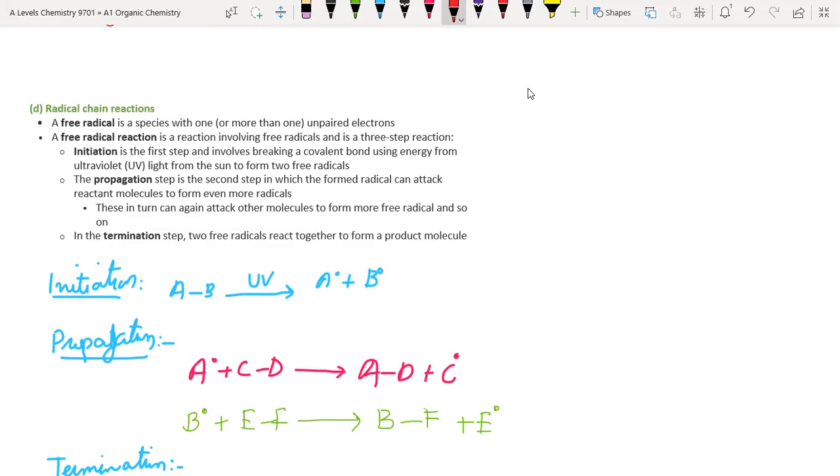The formation of the first free radical is initiation, the formation of further free radicals from the initiated radical is called propagation, and the formation of a stable molecule by the combination of two free radicals is called termination.